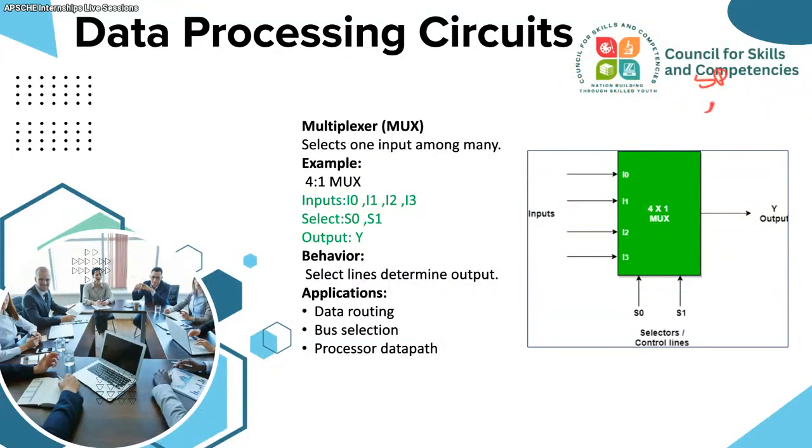Such things you can make with the help of this MUX. I0, I1, I2, I3 are the inputs, then this is the selection line, and the select lines determine the output.